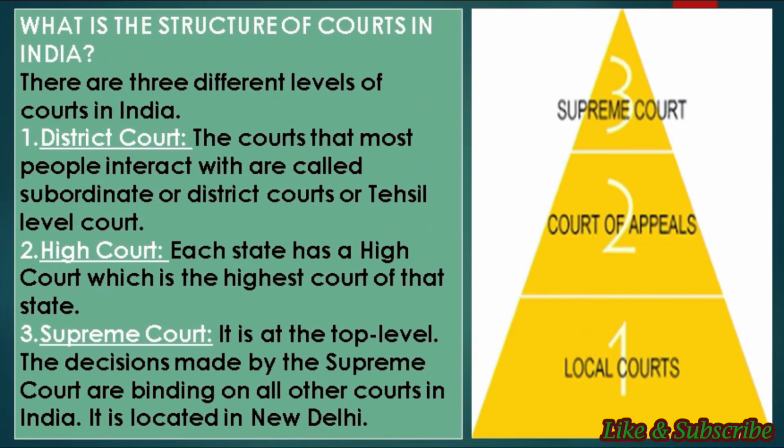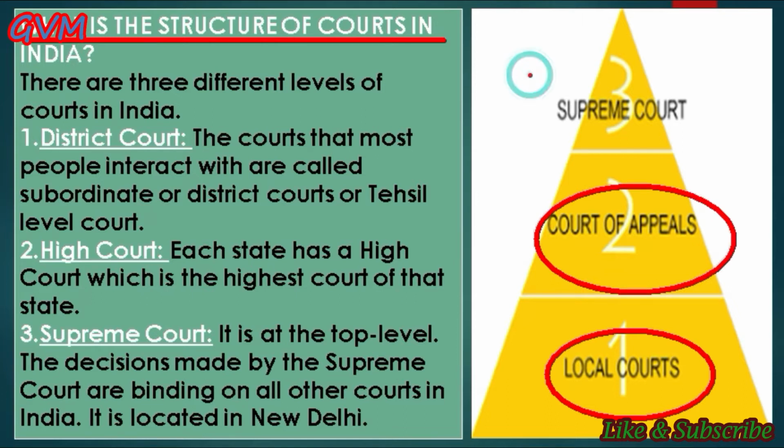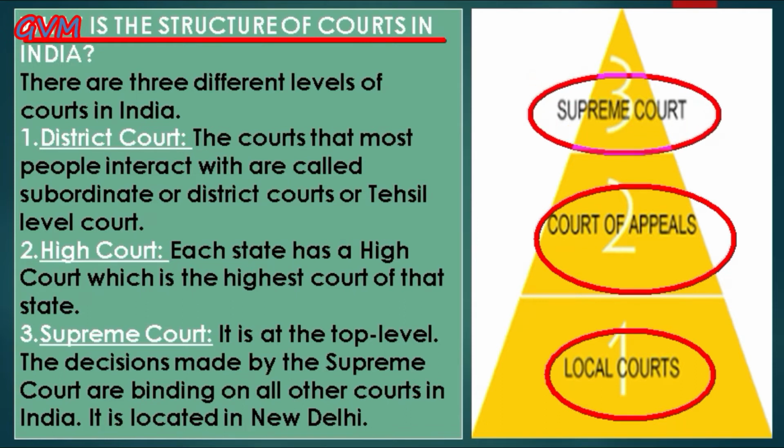Now students, there is a question: what is the structure of courts in India? Students, there are three different levels of courts in India: the local courts or district court, the high court or court of appeals, and thirdly, at the top, the Supreme Court.